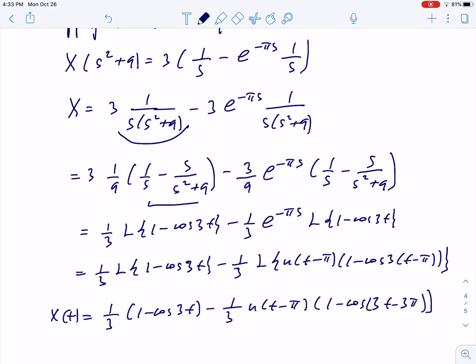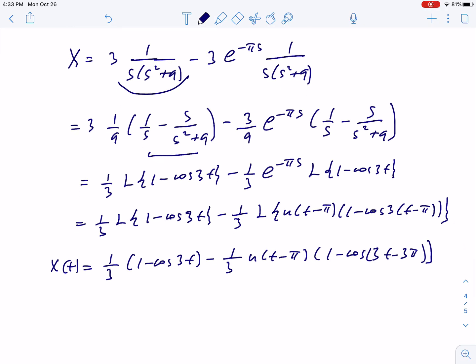Okay, that's what happens. What is cosine of 3t minus 3 pi? Again, using the cosine of a difference of two angles, this is cosine 3t cosine 3 pi plus sine 3t sine 3 pi, which is 0, so just this. Cosine 3 pi is actually -1.